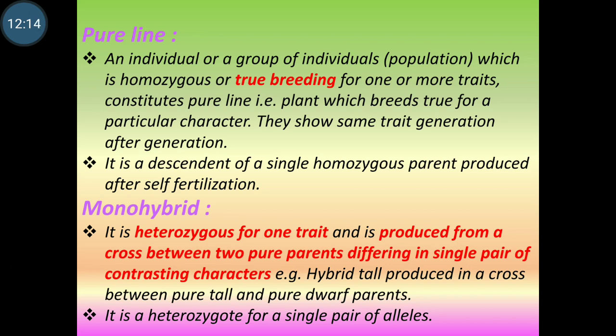Monohybrid. It is heterozygous for one trait and is produced from a cross between two pure parents differing in a single pair of contrasting characters. For example, hybrid tall produced in a cross between pure tall and pure dwarf parent. It is a heterozygote for a single pair of alleles.